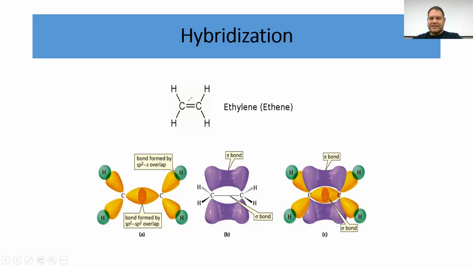Because we know that this right here must contain 1 sigma and 1 pi, and that is always going to occur for a double bond. All right. Now, what is the type of hybridization that's going to be occurring here?